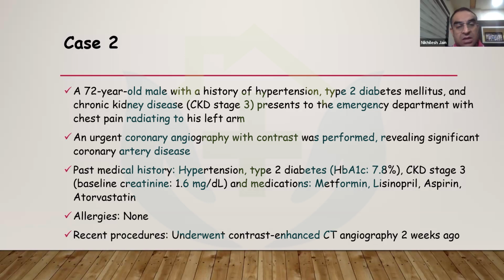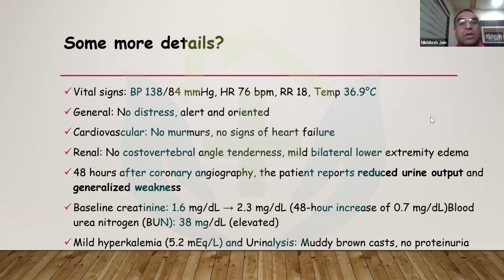He did not have any allergies, and in the recent procedures, he has undergone a contrast-enhanced CT angiography about 2 weeks ago. So these are his vital signs: BP of 138 by 84 mm of mercury, heart rate of 76 beats per minute, respiratory rate of 18, and temperature of 36.9 degrees centigrade.